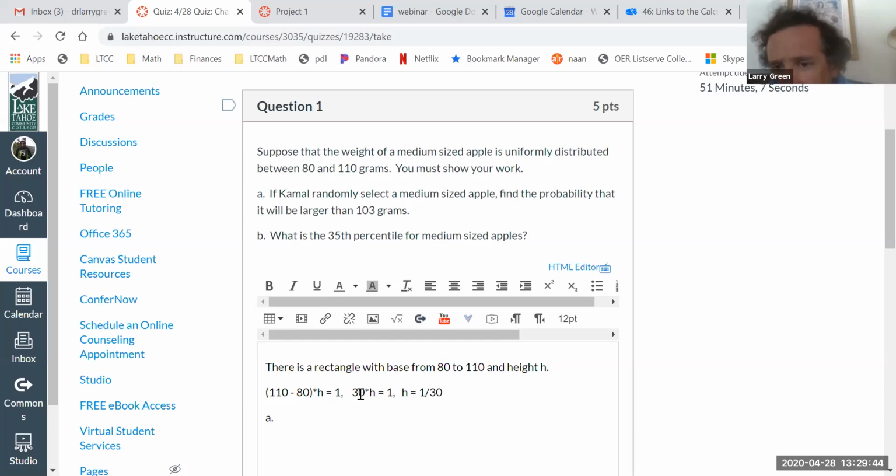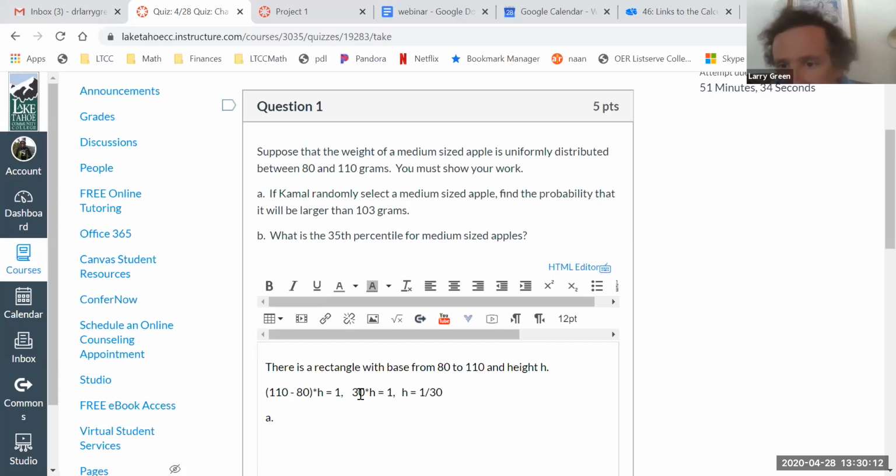I'm not sure where the 12 came in. Maybe you're doing part A. I'm just doing the prelim stuff. I'm not sure if you have a question about that or not, but let me know. Okay, so the height is definitely 1 over 30 because the base is 30. So the height must be 1 over 30 to make it equal to 1 when you multiply. Does that make sense?